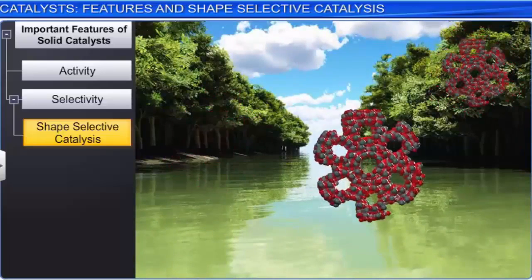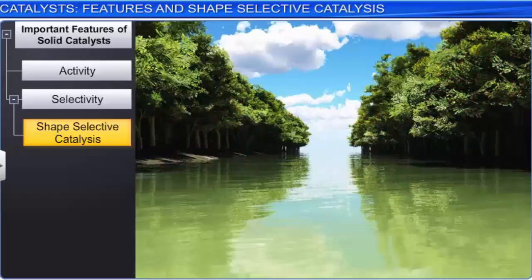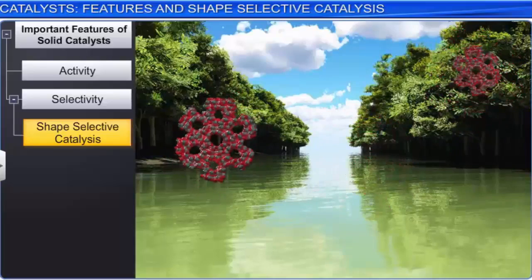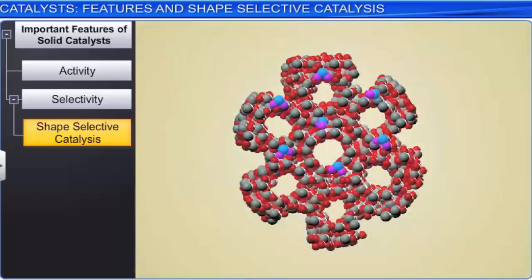Zeolites are found in nature as well as synthesized for catalytic selectivity. Before being used as catalysts, zeolites are heated in vacuum so that the water of hydration present in the cavities in the cage-like structure is lost and they become vacant.